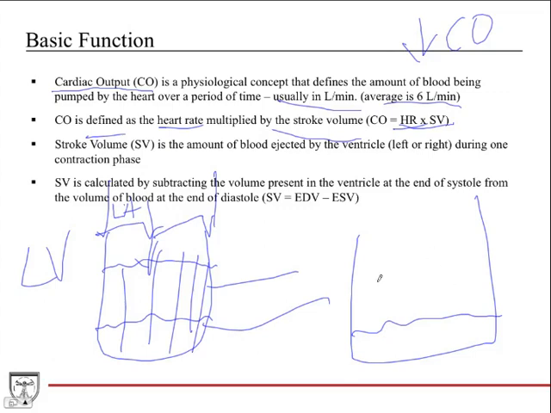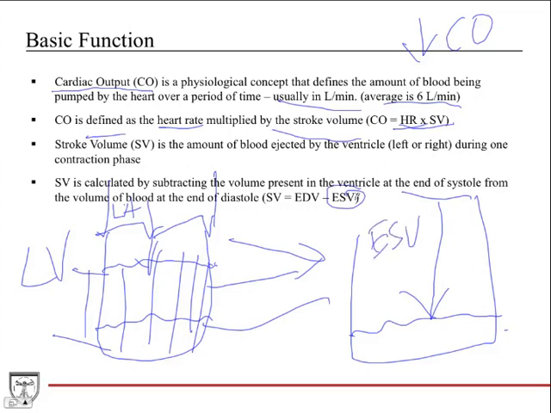So it's really whatever blood is left over. The stroke volume is calculated by taking the volume that's left at the end of systole. That's this volume right here, because you've ejected the blood. So this is the ventricle full, you eject the blood, then you're down to here. It's just like any other container with fluid in it. So this is the end systolic volume, the ESV.